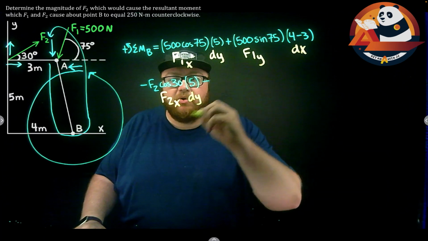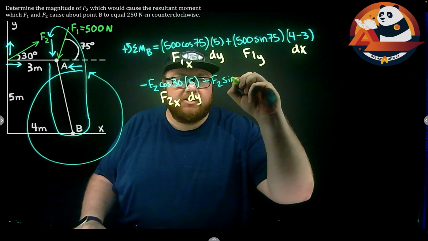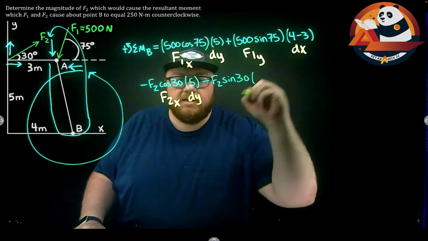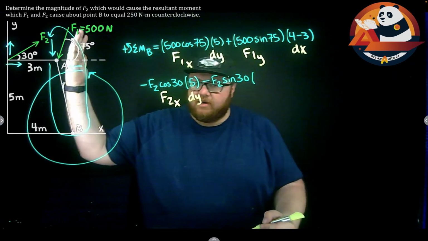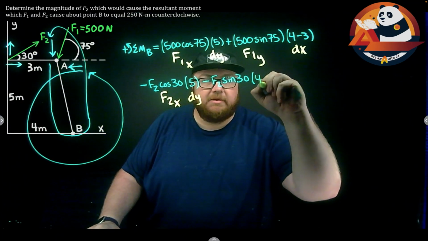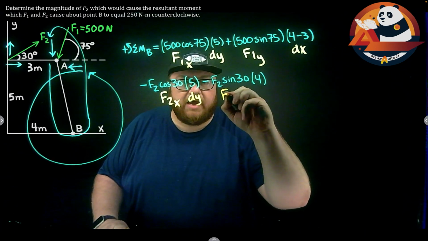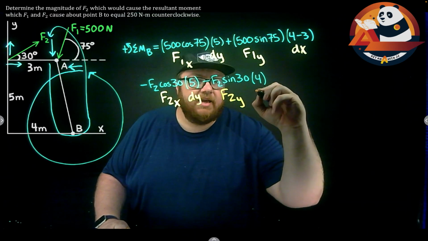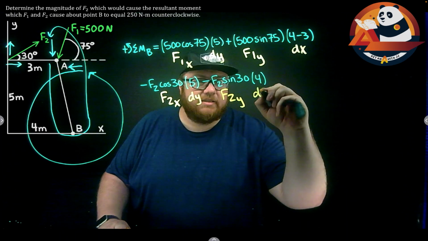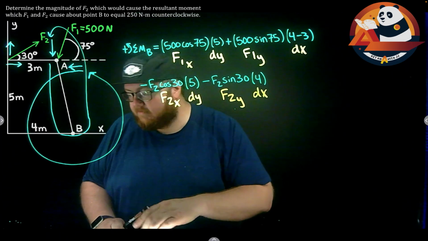Minus F2y will be F2 sine 30 times an x distance from the far left edge over to B, 4 meters, times 4. Again, we're getting a y component here, F2y, and an x distance, dx. Always a y component with an x distance.